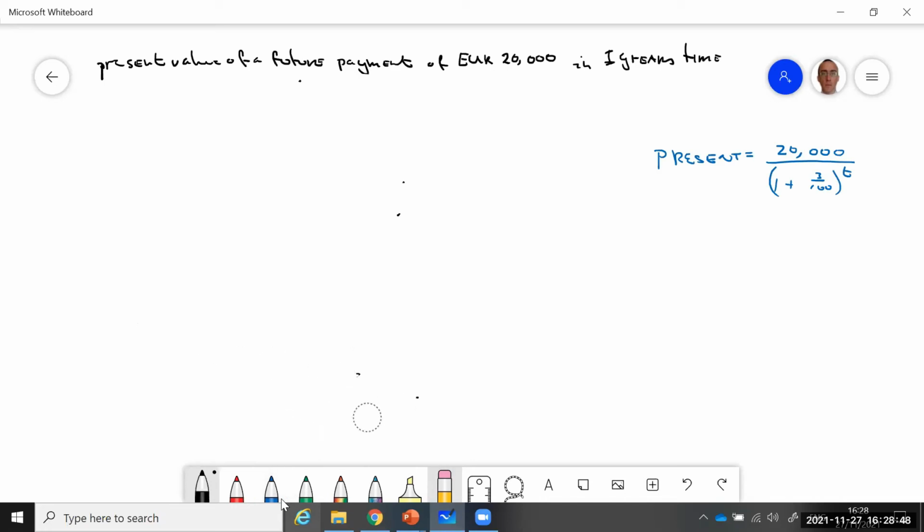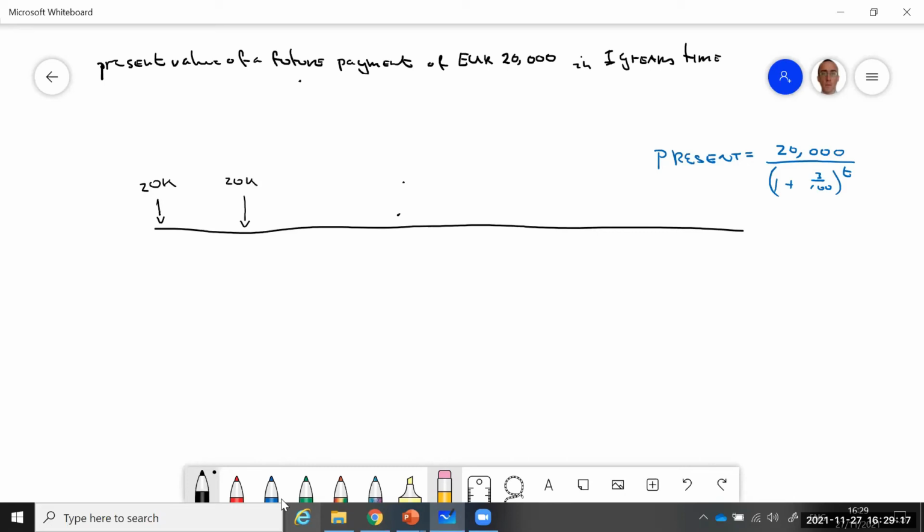So if we plot out the timeline of his retirement, it'll be something like this. This is the start of year 1, and he wants 20,000 euro. I'll call that 20k. At the start of the second year, he wants 20k.